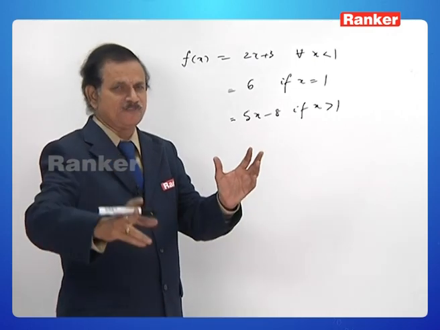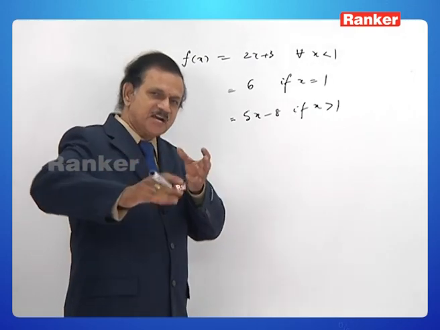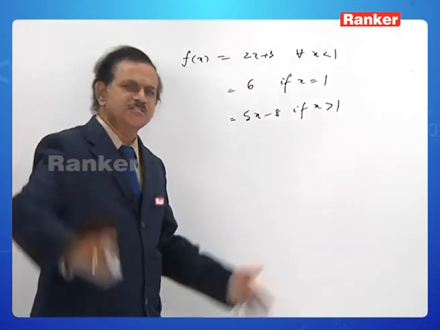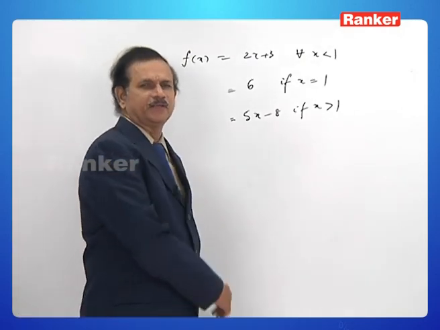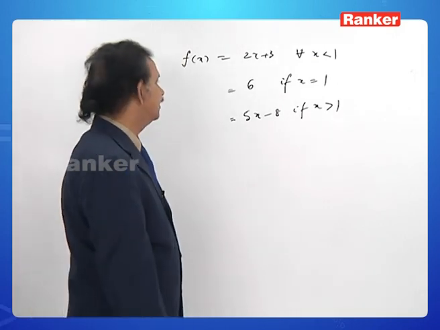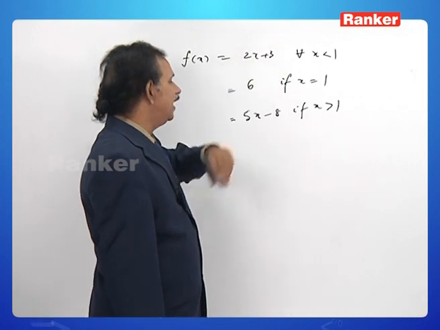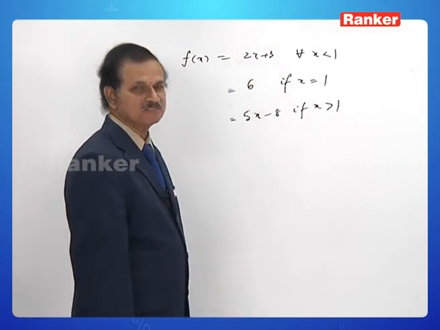You first of all check the continuity, because it can be said simply by observation itself. You check whether it is continuous at x equal to 1 or not. Left hand limit is 5. Right hand limit is minus 3. Not continuous.